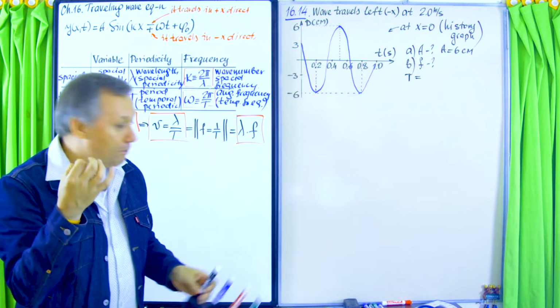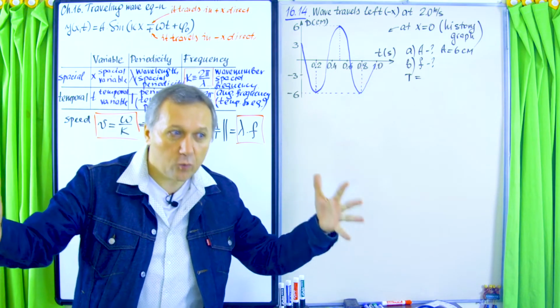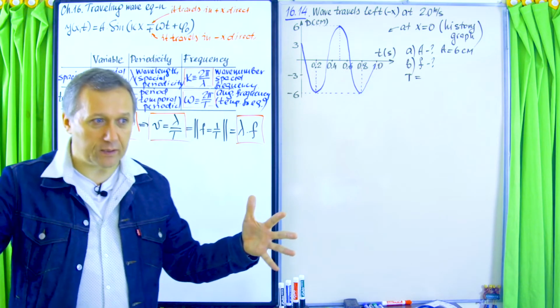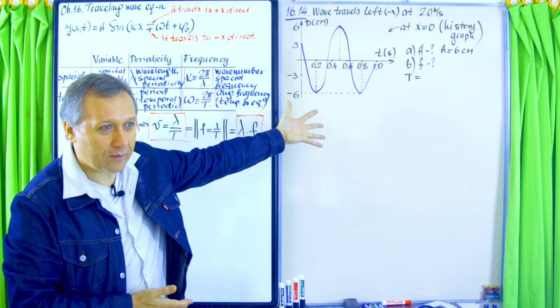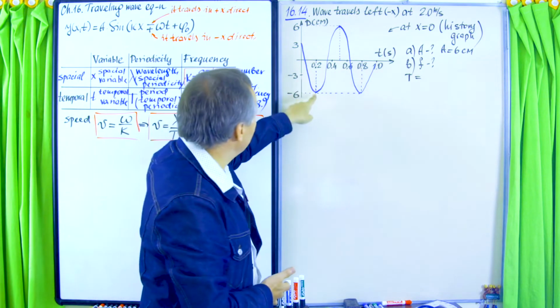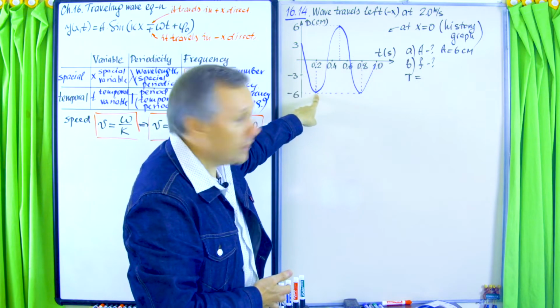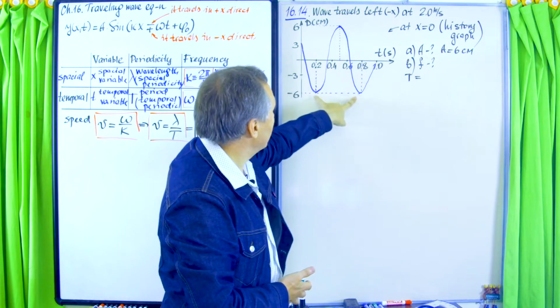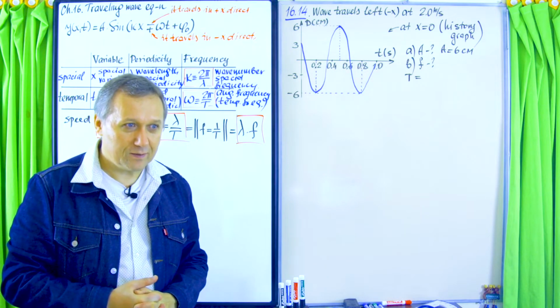Period, by its meaning, is the stretch of time over which the wave reproduces itself. And that's what we have on this history graph. At this moment of time, at 0.2 seconds, the wave was here, right? And at 0.8, the wave reproduces its state completely, right?